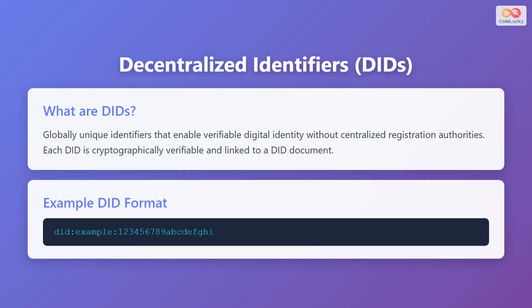The format of a DID follows a specific structure. For example, it might look like did:example:123456789abcdefgh. This identifier is permanent, secure, and completely under your control, allowing you to prove who you are across different platforms without depending on any single organization.